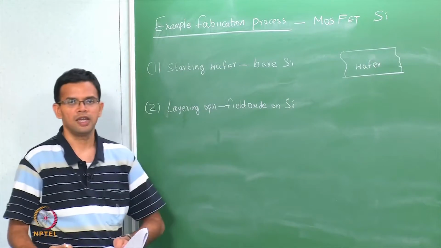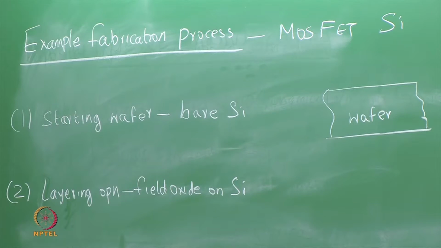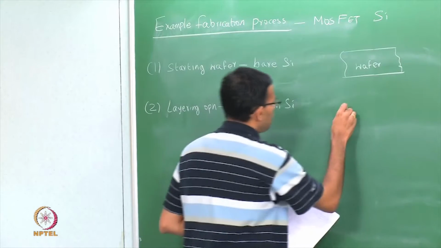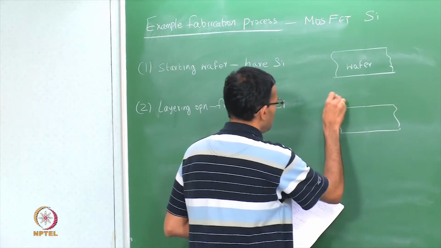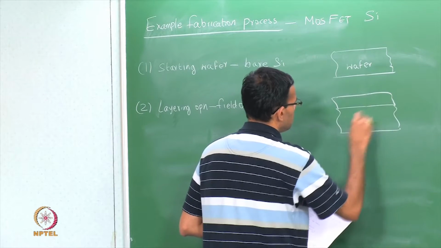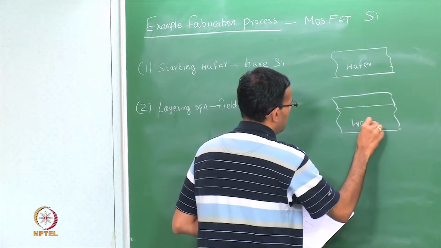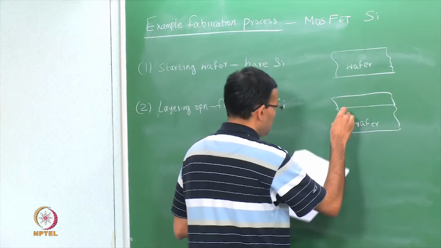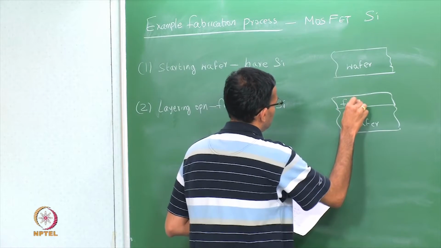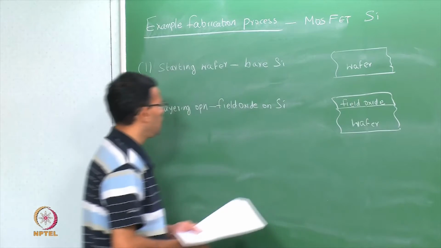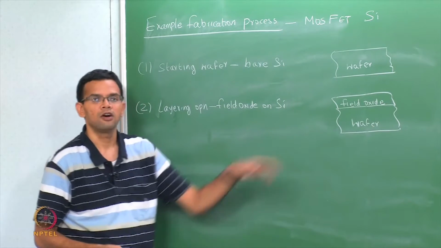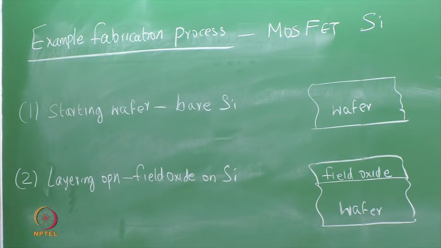So, this is an oxide layer that is grown onto the silicon layer. So, this could be by dry ox or wet ox, but either way, the oxide grows into the underlying wafer. Once we are done growing the field oxide, we are going to go to a patterning step.